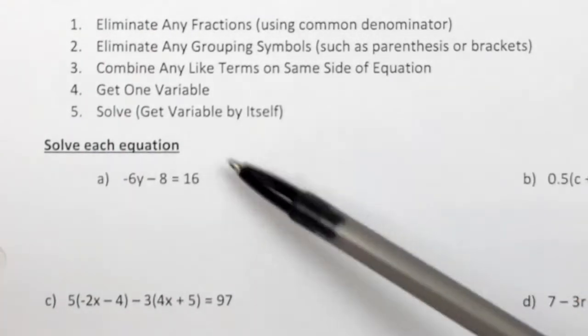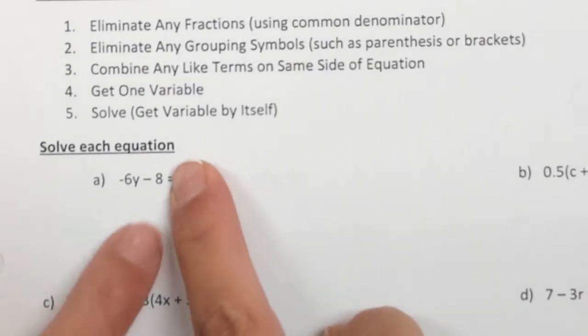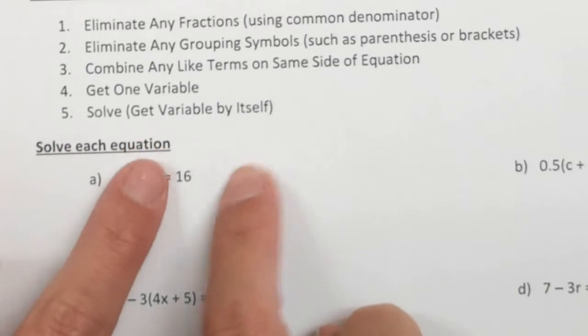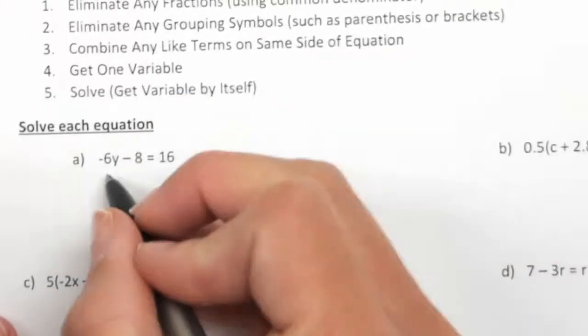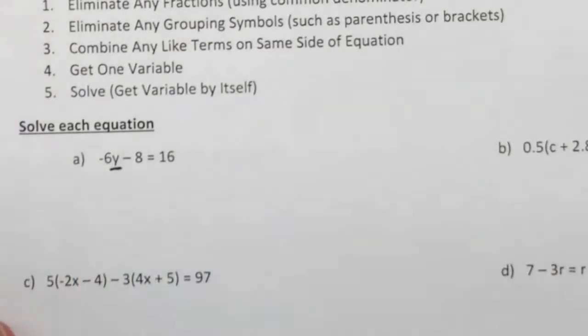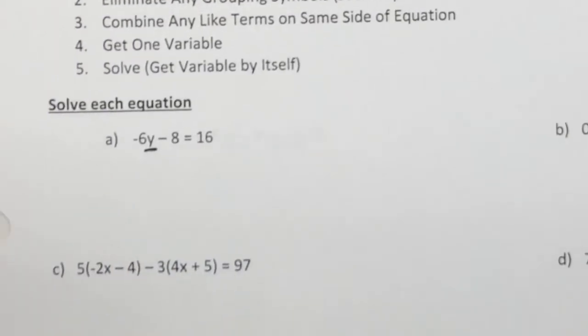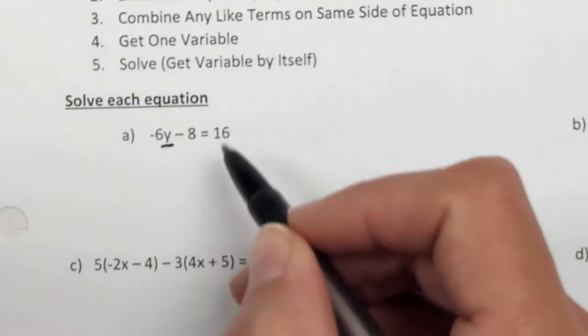Alright. So in this first one, there's no fractions, grouping symbols, anything like that. Can we combine anything on this side of the equal sign? No, they're not friends, right? Not like terms. We can't simplify this side. So now we're trying to get this y by itself. What's the first thing we should move? Divide by -6, like Antonio said, wouldn't that make a fraction right here and right here?